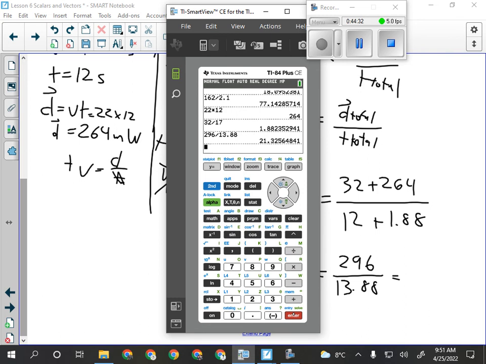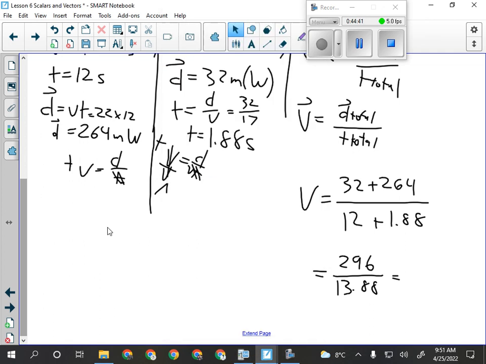All right, so the average speed of the rabbit is 21.3 meters per second. And all we've done is take our total distance and divide it by our total time.